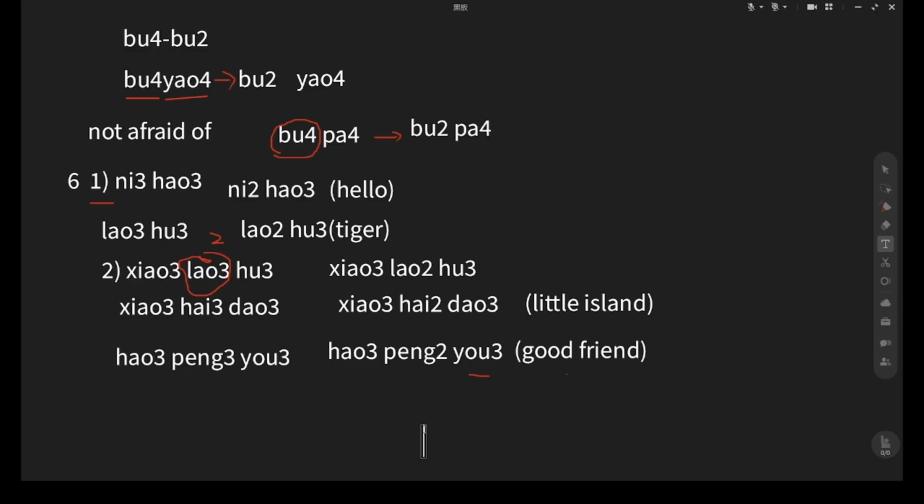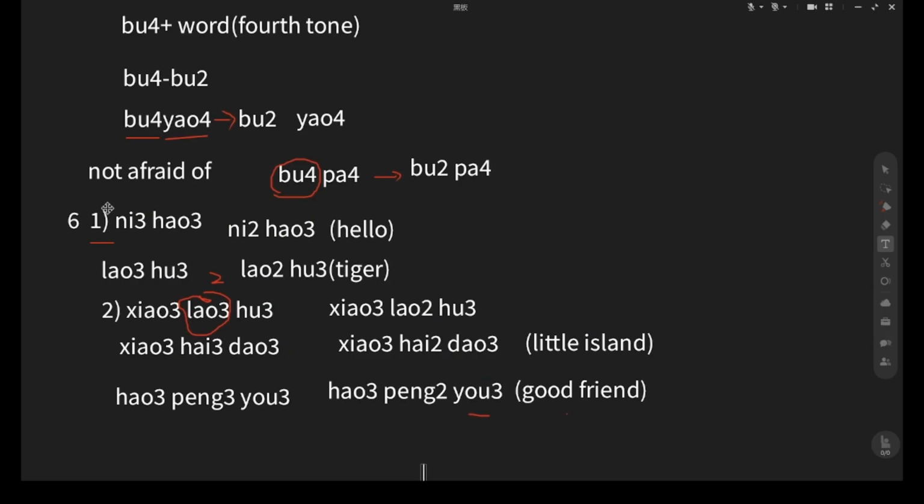So let's do a quick review. If two words together are all the third tone, we change the first word to the second tone. There's more examples. We don't read it 粉笔, we read it 粉笔, second tone. 粉笔 means chalk.